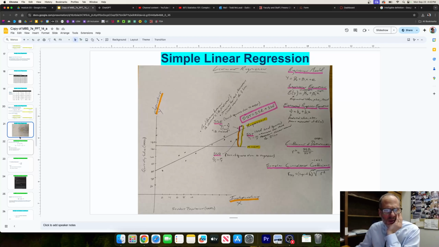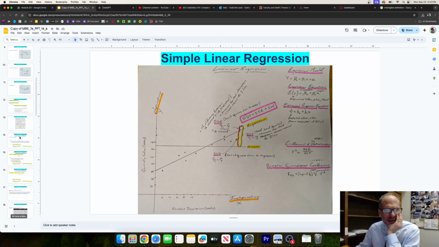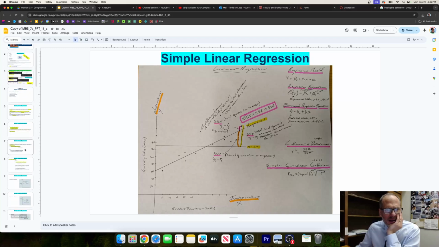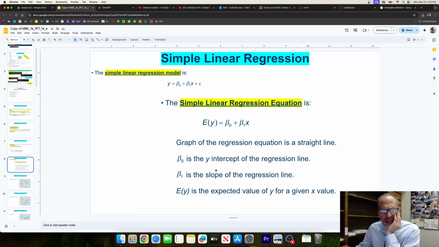That's why they call it the y-intercept, because when x is 0, the rest is all 0. So your expected value for y is just going to be that. And beta 1 is the slope.